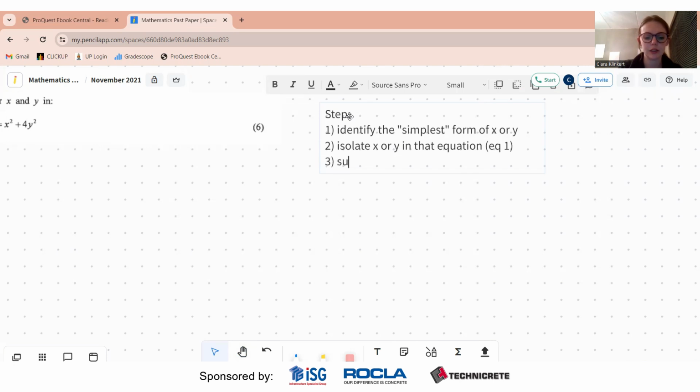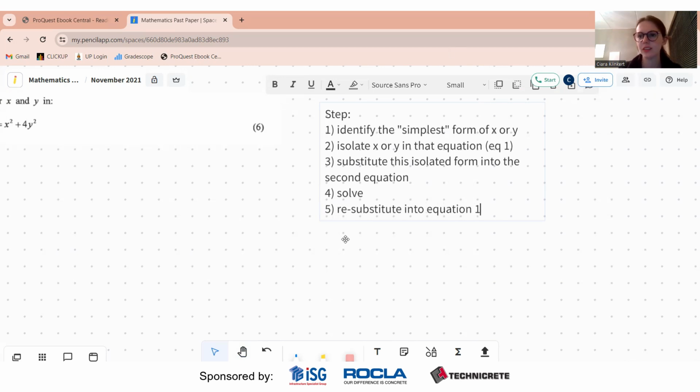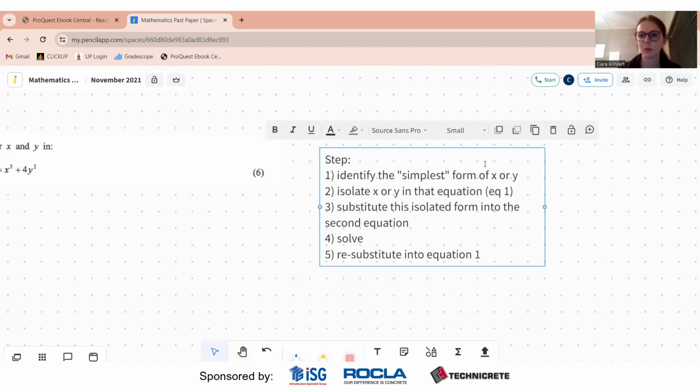Then you are going to substitute this isolated form into the second equation. And then you are going to solve and then resubstitute into equation 1. So these are the broad steps we'll be following. It might not make a lot of sense now, but it'll all come together with the example.